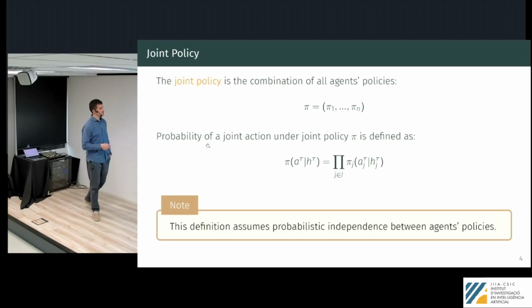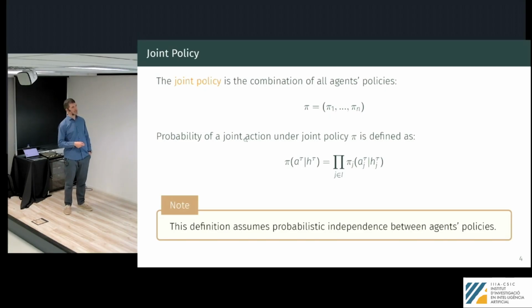And then we're going to say the probability of a particular joint action, which is again a tuple of actions for the different agents, under a particular joint policy pi, as defined up here, is defined as this product here. So the probability that this joint policy would select a particular joint action, given the history of the game that we've played so far, so all the past things that happened in the game, is simply defined as the product for each agent in the set of available agents, 1 to n, of the individual agent's policy's probability assigned to the individual agent's action in the joint action.